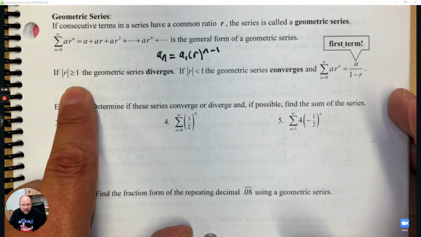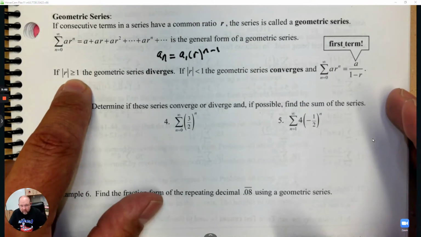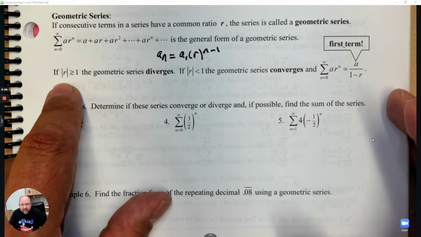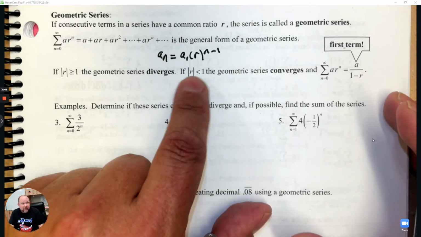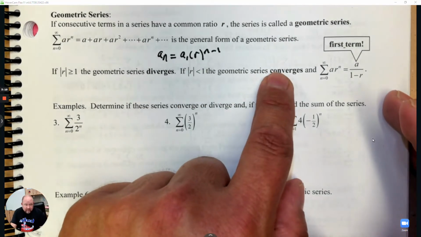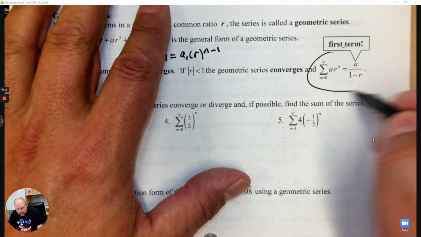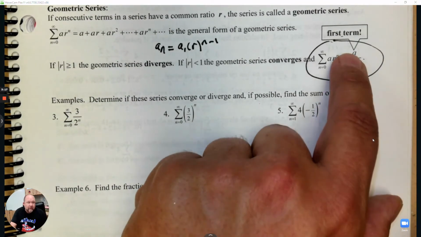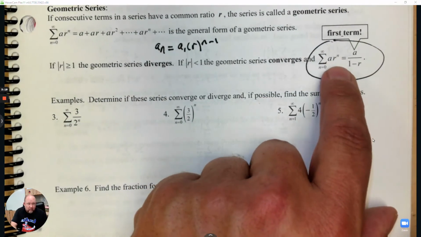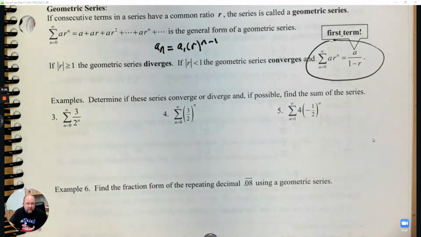If the absolute value of r is greater than or equal to 1, then it diverges. But if the absolute value of the ratio is less than 1, then it converges to an answer. And we have a formula to use, where the numerator is the first term, and then 1 subtract the common ratio, and it will converge to an answer.